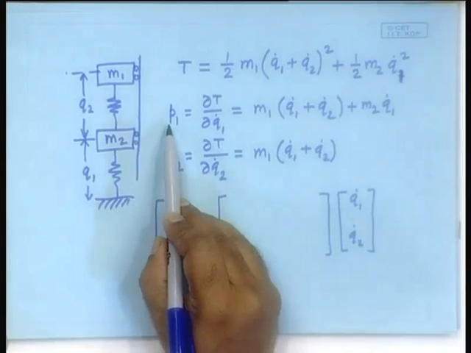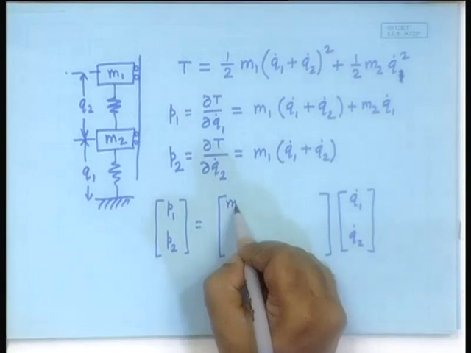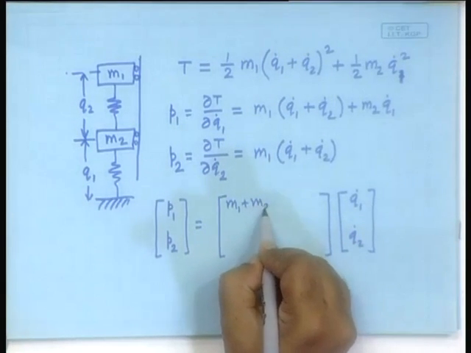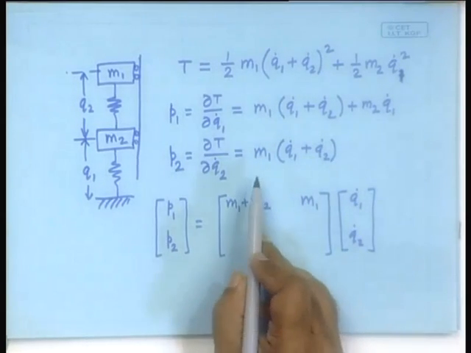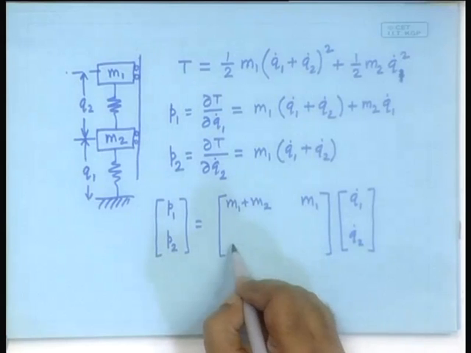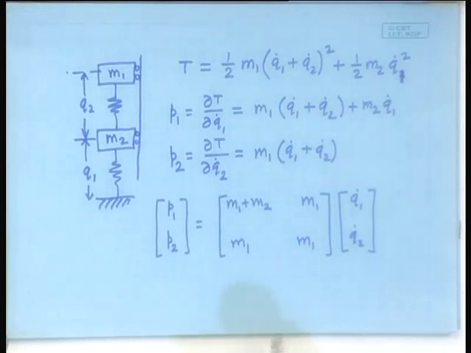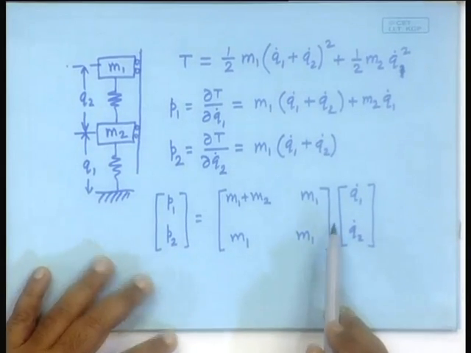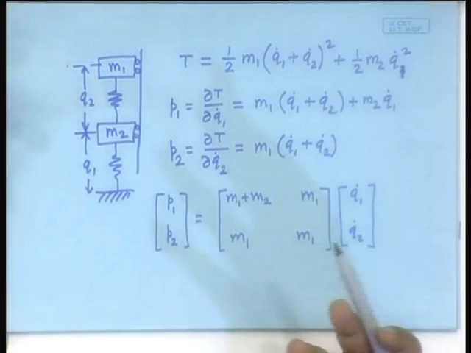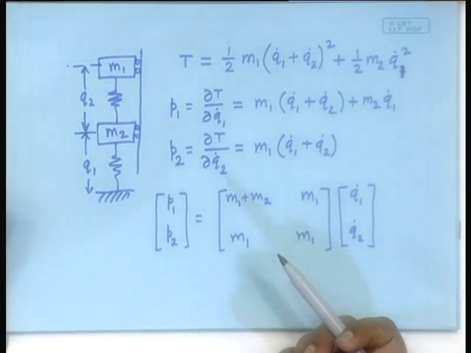P1 P2 equals the matrix with entries m1 plus m2, m1, and so on. Fine. So, this is after all related by a matrix equation, and therefore, in order to represent this you would similarly need a 2 port I element, an I field, right.